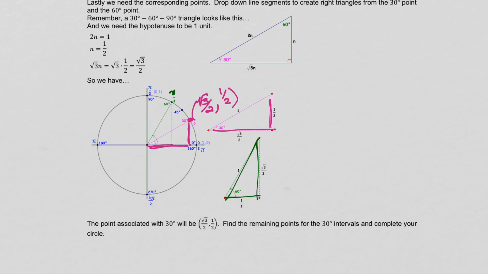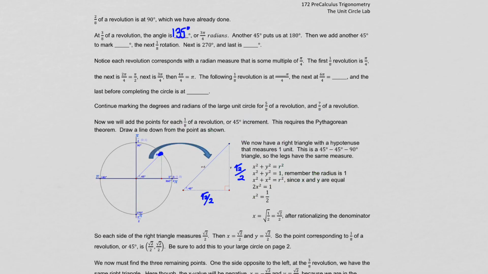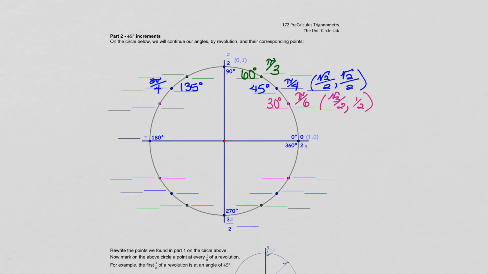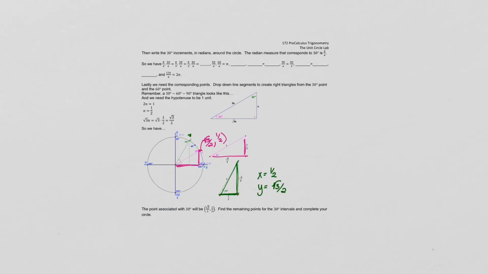So here, your x value is 1/2. Your y value is root 3 over 2. So plug in that point and then think about going around the circle, what's negative from there. And that should finish you up.